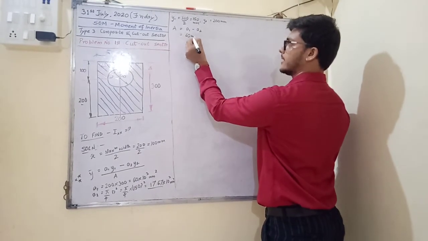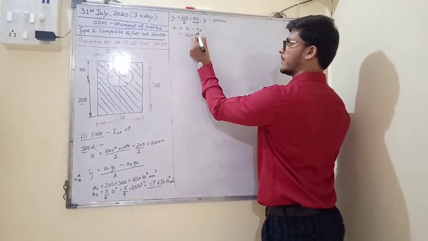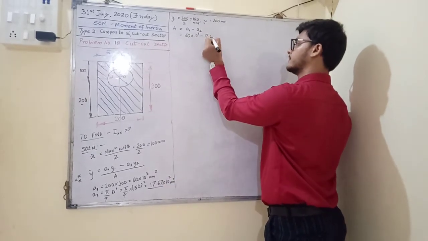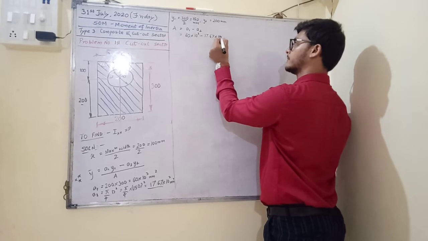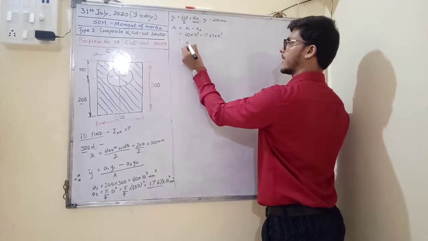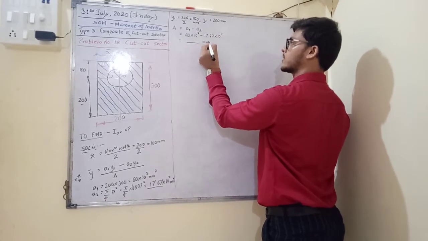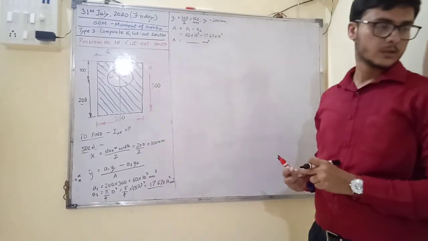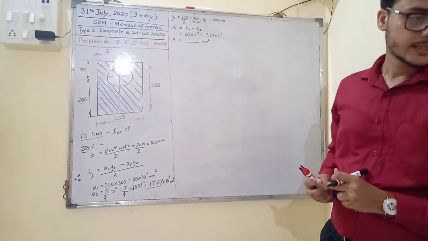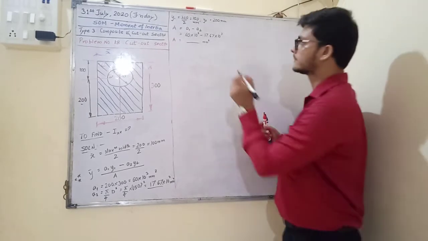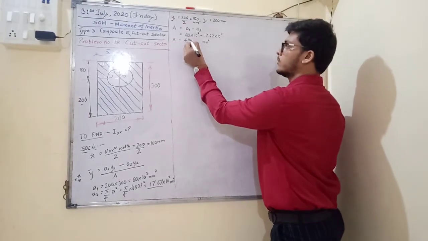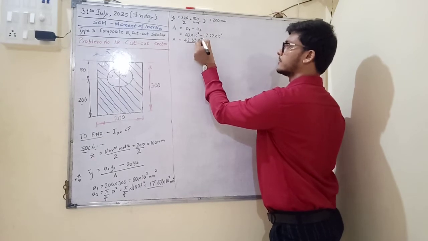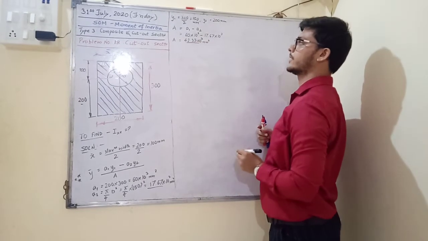A1 is 60 into 10 raised to 3 minus A2, how much? 17.67 into 10 raised to 3. On subtracting you will get the value in millimeter square. That will be the total cutout area. So the total area is 42.33 into 10 raised to 3.